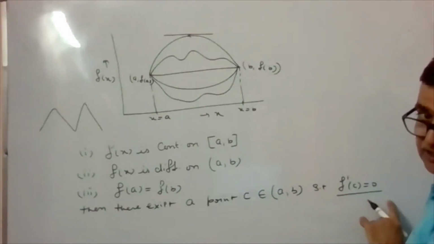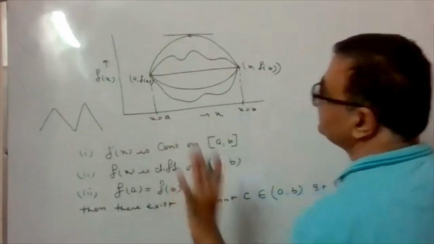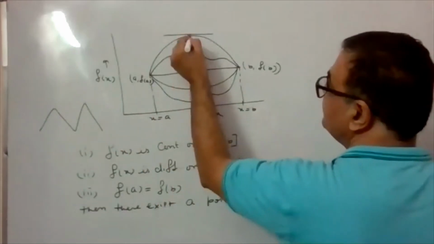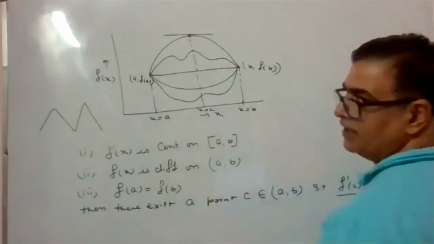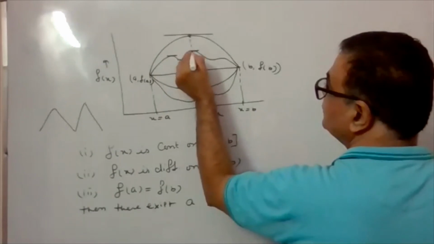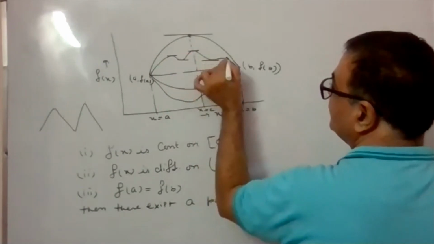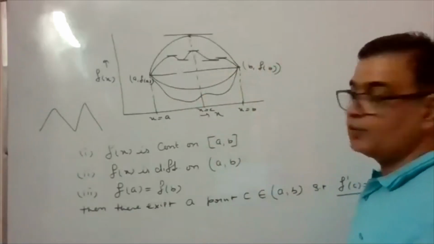It means the slope of the tangent at c is 0, so it will be parallel to the x-axis. So I have a tangent parallel to the x-axis here. This is the point c. If you take this curve, there are so many c. 1, 2, 3, 4, 5. Five tangents are there where f'(c) is 0.